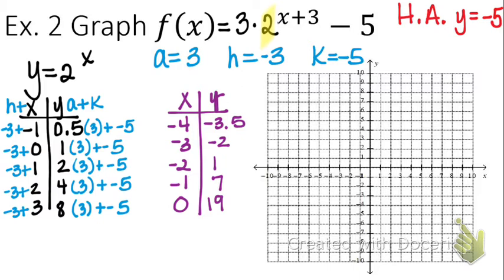So I'm going to draw that in, and then graph the points that will fit. Oh wait, that's the wrong spot. Negative 3 down 2. Negative 2 up 1. Negative 1 up 7, and we won't worry about that last point.